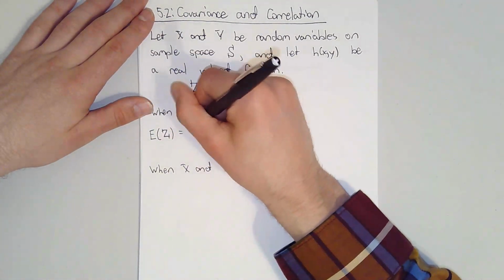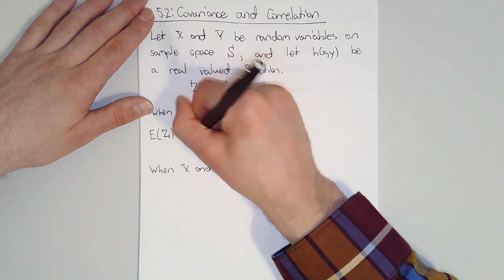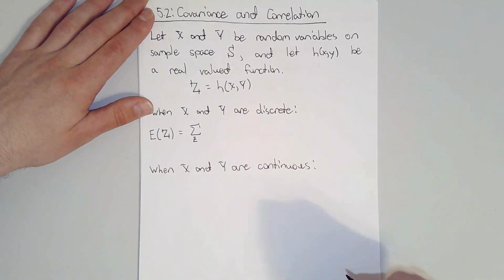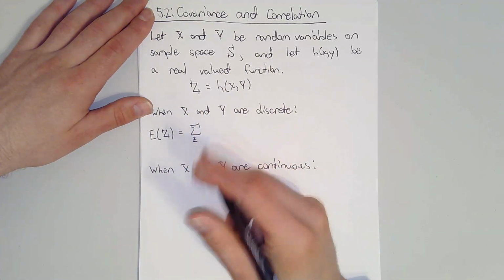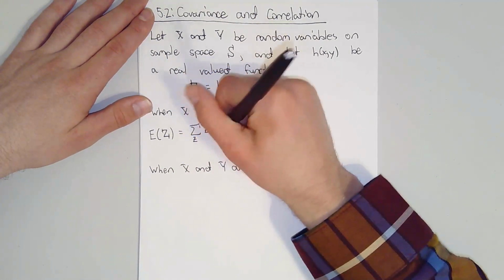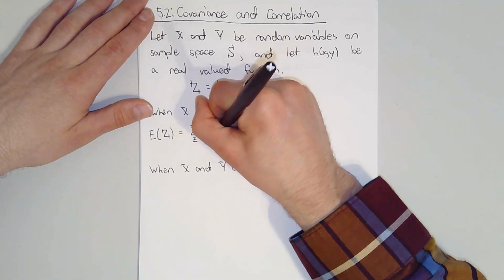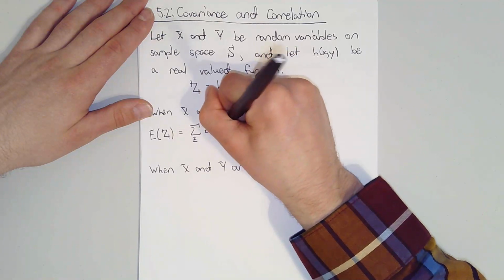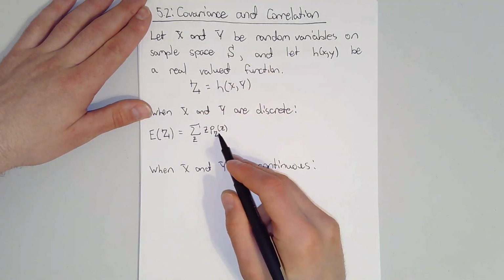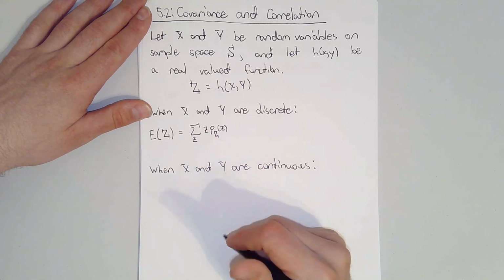So therefore, by definition, the expectation of Z is the sum over all possible little z values that capital Z can take on, of z multiplied by the probability mass function of capital Z evaluated at little z.